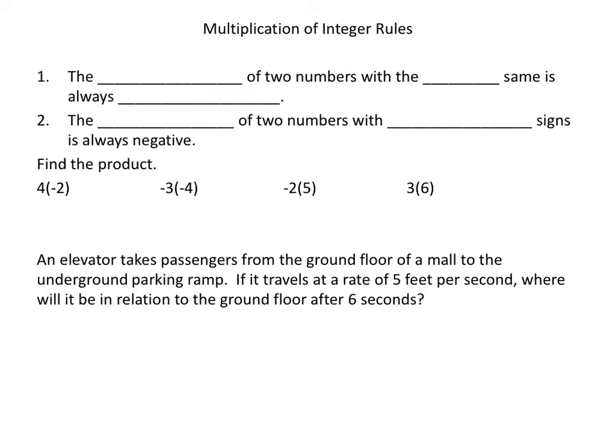That brings us to our multiplication of integer rules. So the product of two numbers with the same sign is always positive.